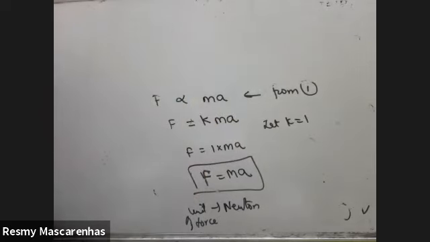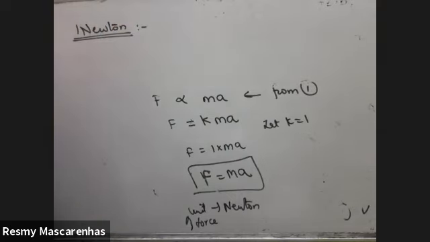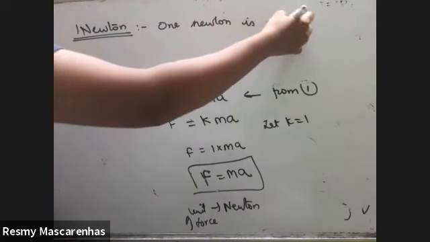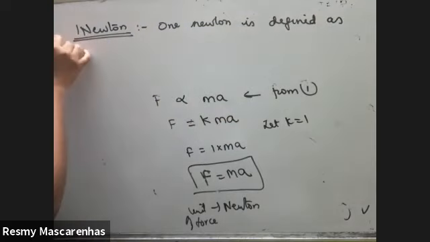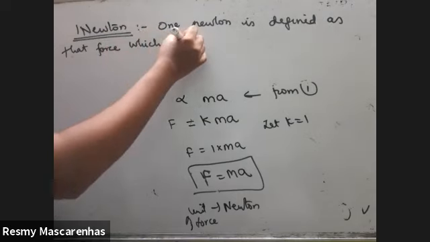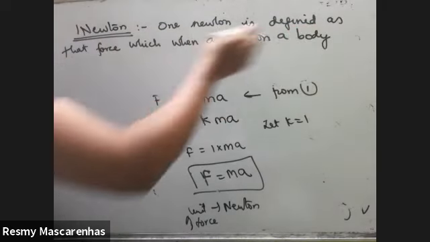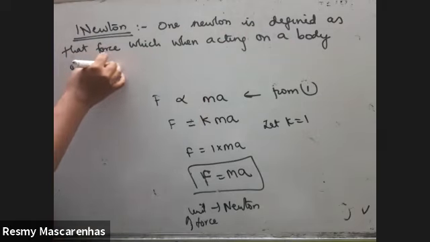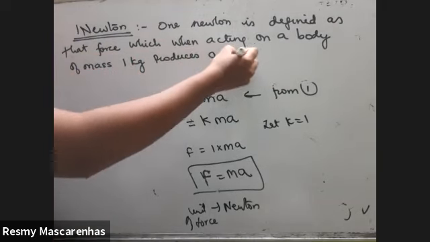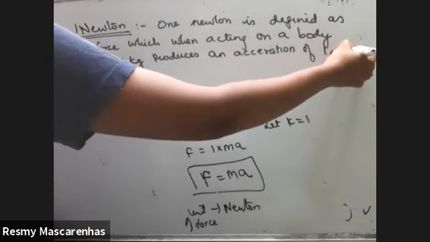You want to know the definition? 1 Newton is defined as that force which, acting on a body of mass 1 kg, produces an acceleration of 1 meter per second square.